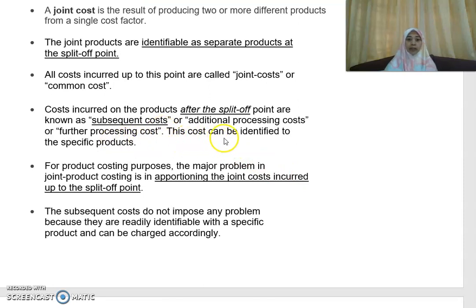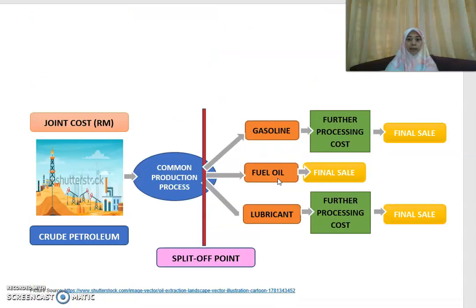These costs can be identified to specific products. As I mentioned earlier, if let's say you incur 10,000 here, you know 10,000 is the cost for gasoline. If you incur another 25,000 here, that 25,000 ringgit is the cost for lubricant.